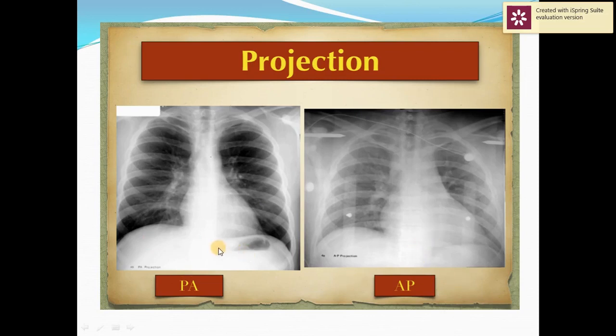The difference is that the patient is also usually not taking a full inspiratory film, and therefore there is a cardiomegaly as we see on the left side with prominent mediastinum.